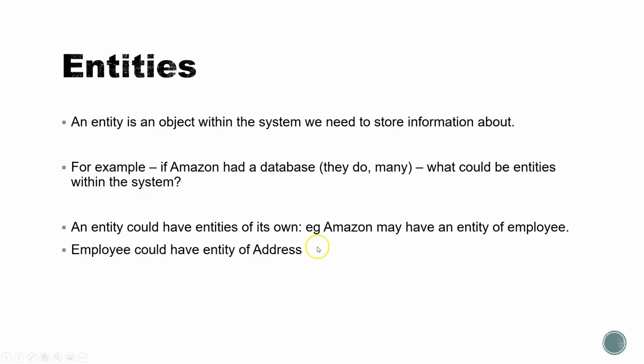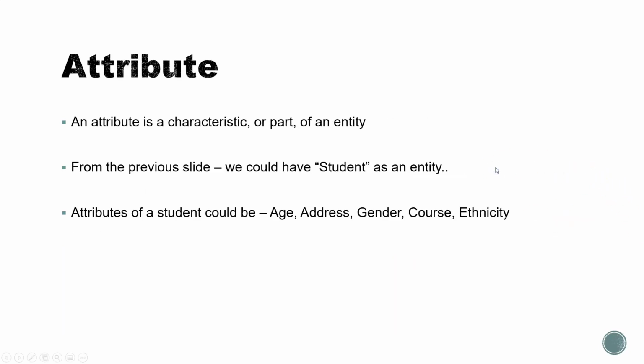So you could have addresses, you could have contact details, you could have qualifications, etc., etc. I'm mindful that I'm already at 20 minutes and I'm not even halfway through the slides, so I'm going to try and not take ridiculous amounts of time.